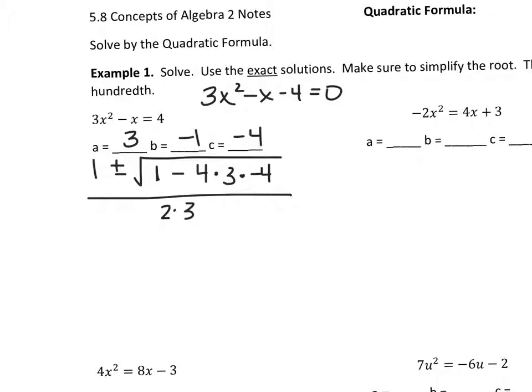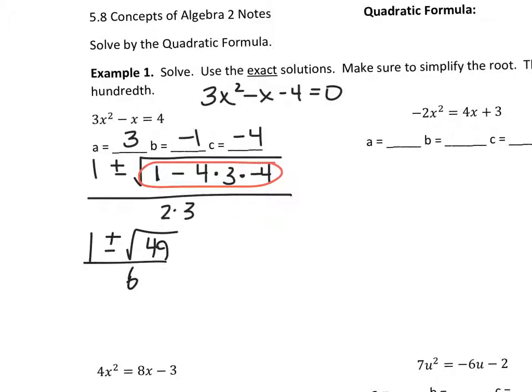The steps I do is I always do that b squared first. Then I take all of this and put it in my calculator. So I do 1 minus 4 times 3 times -4, and you get 49. So this is 1 plus or minus the square root of 49 over 6.